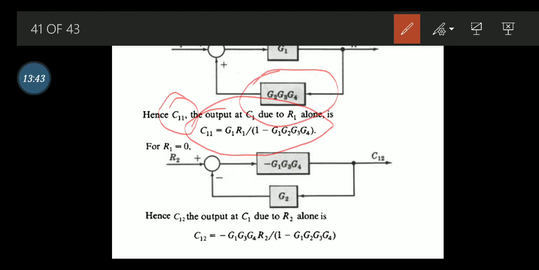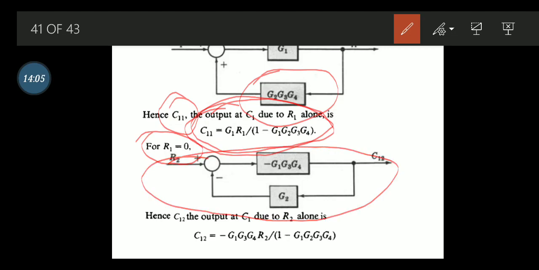Now for R1 equal to 0, this response can be obtained by considering R2 alone, setting R1 equal to 0. Now R2 is considered the input response alone. Now the equivalent block diagram can be represented like this.